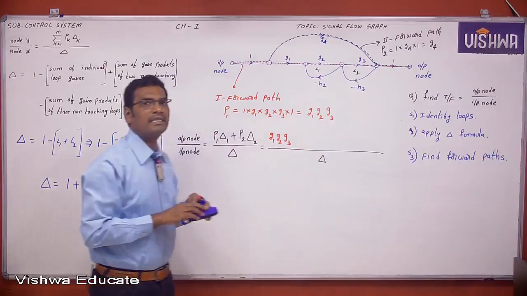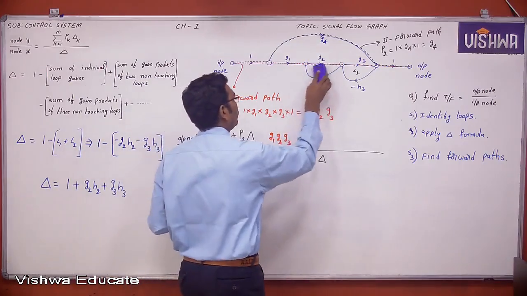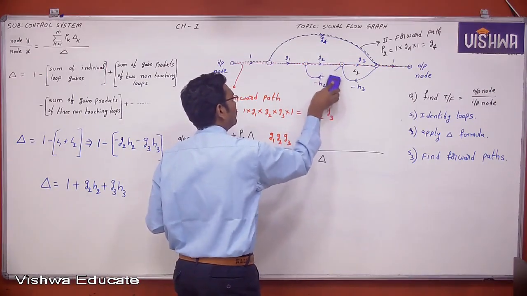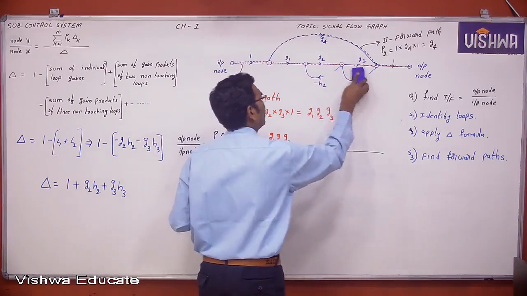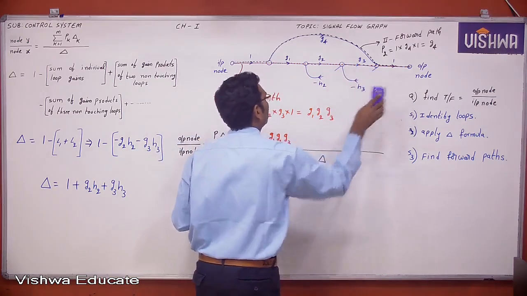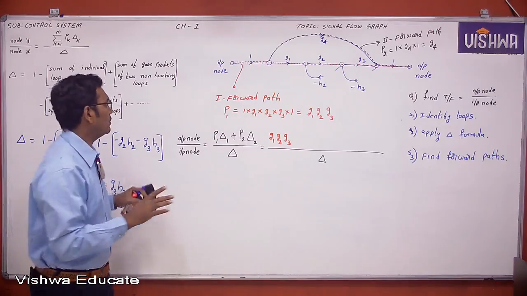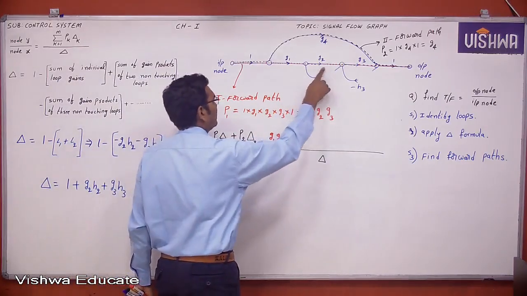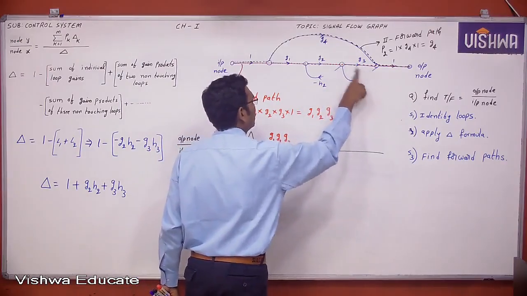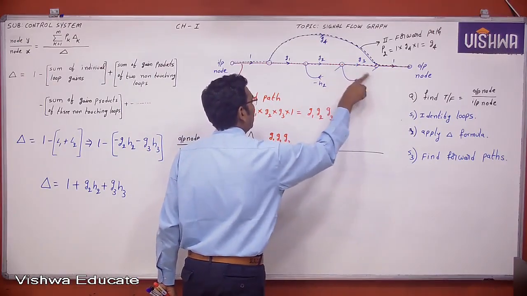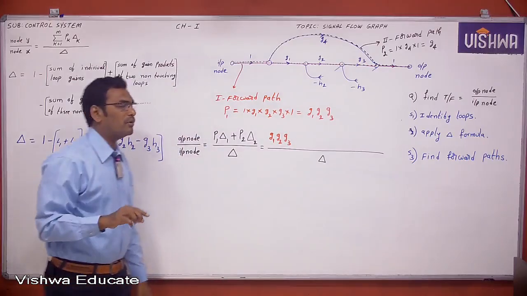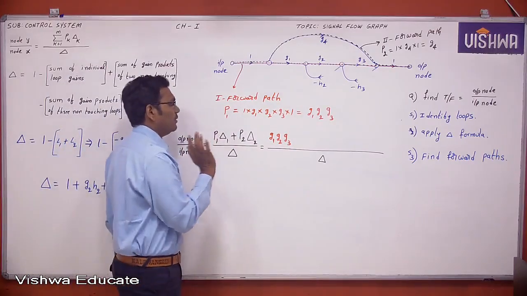Which loops are touching that path? This loop L1 is touching, remove. This loop L2 is touching, remove. Now, after removing the loops, L1 is removed and L2 is removed, and you apply the formula of delta.